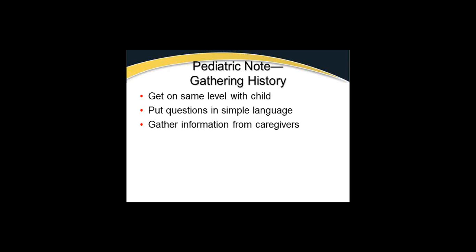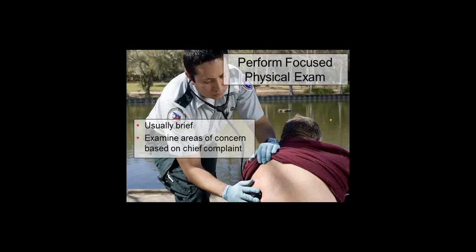And remember that even adults sometimes have a difficult time understanding what we're talking about. And then obviously gather information from caregivers. The younger the child is, the more emphasis has to be placed on the caregivers to give us the concept of what is going on.